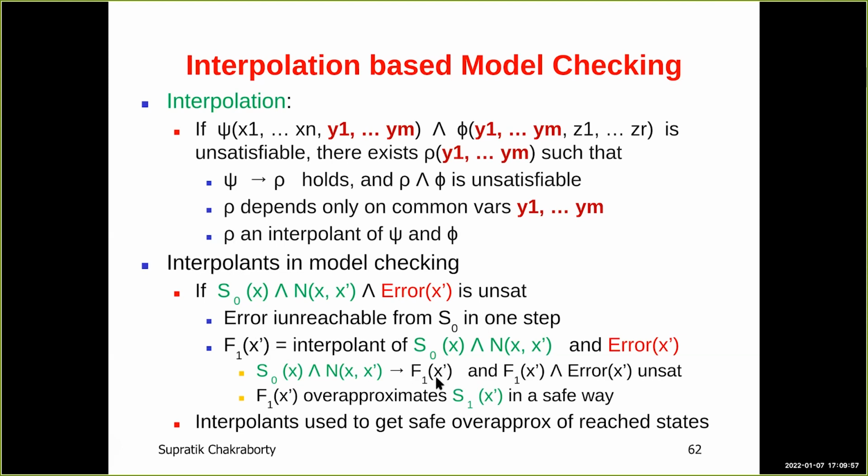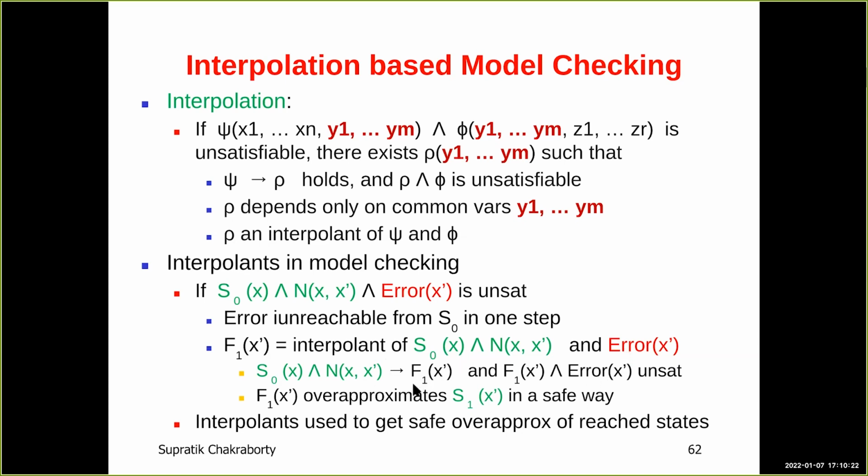So this is an over approximation of the set of states that you can reach starting from S0 in one step, right? Starting from S0, if you take one step, you are going to satisfy this formula on just the next state variable. So this is an over approximation of the set of states that you can reach in one step. And this over approximation is safe in the sense that it doesn't intersect with the error states.